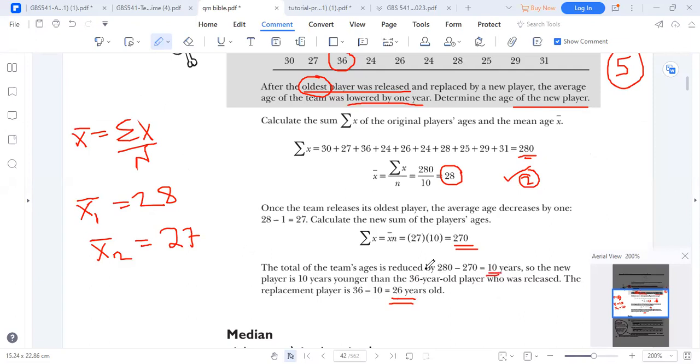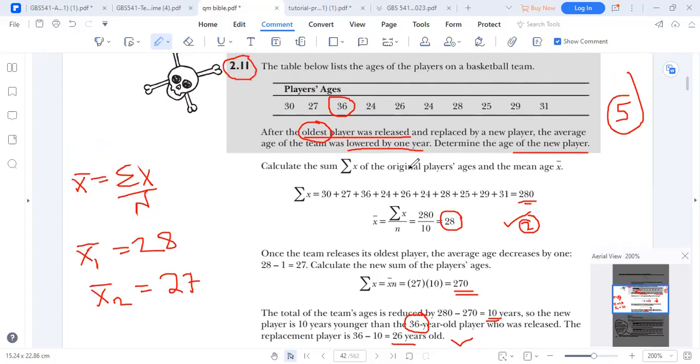So since we know that the oldest guy was 36 years old, for us to have a 10-year difference, the young guy should be 36 less 10. So this young guy should have been 26 years old. This is where you get the 5 marks. So it looks easy, but it's not an easy question. Are we together? Yes, we are. All right.